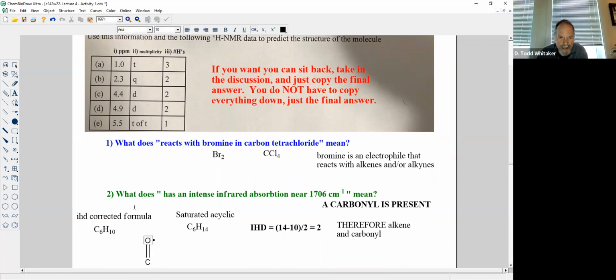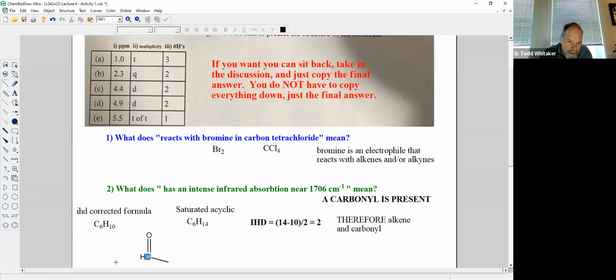We have a carbonyl with an alpha carbon that has 2 H's. This is alpha. So here we go.